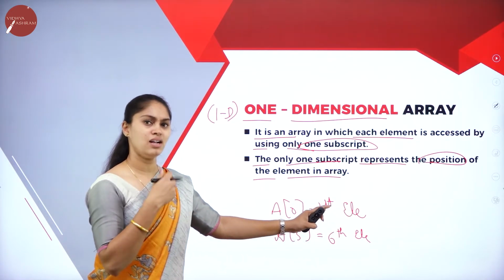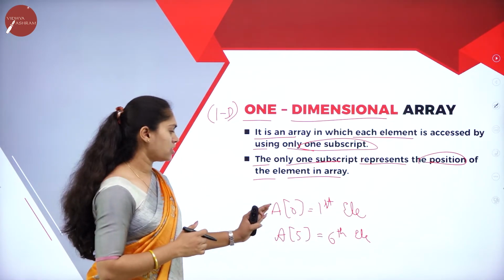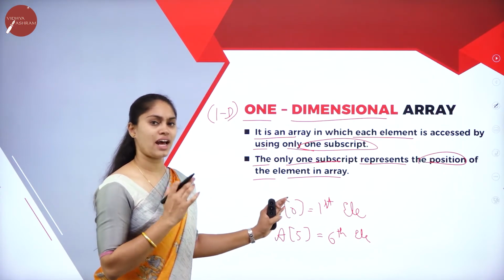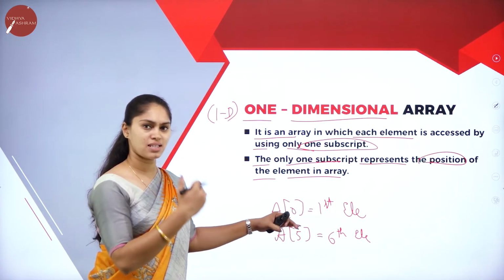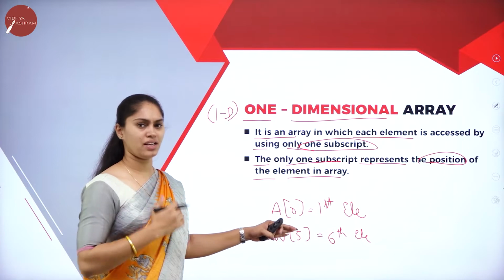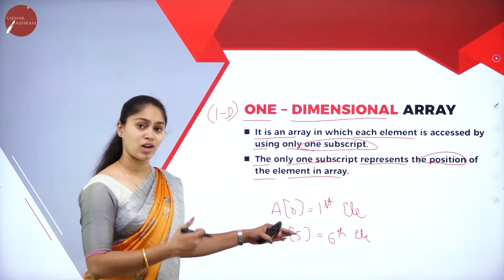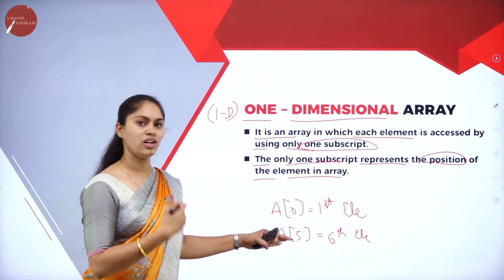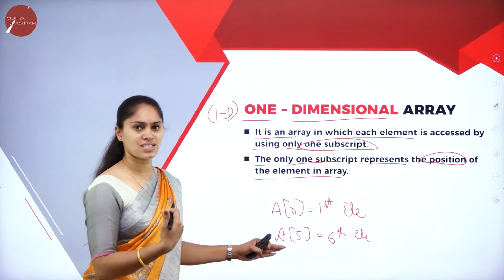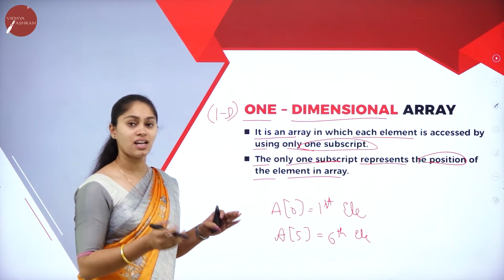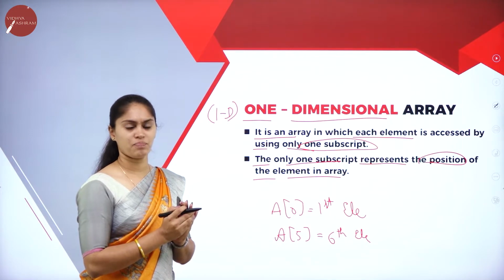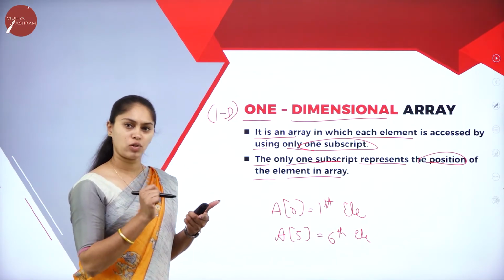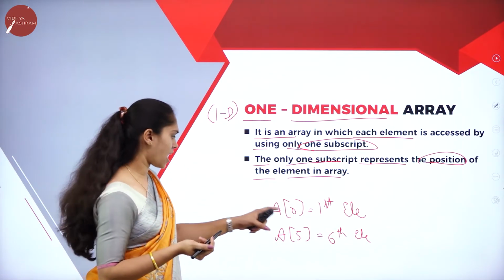It is in the plus one format. So A of 0 returns the address of the first element, A of 1 the second element, A of 2 the third, A of 3 the fourth, A of 4 the fifth, and A of 5 the sixth element. It goes on like that up to n minus 1, that is, the number of elements minus 1, because the index starts with 0.